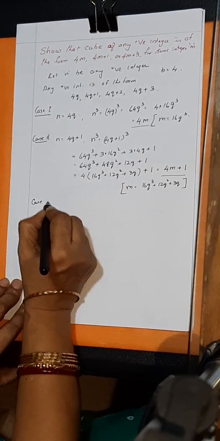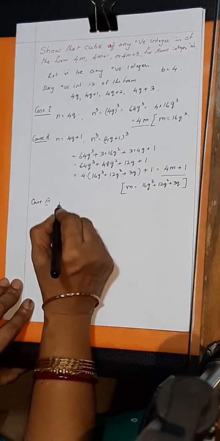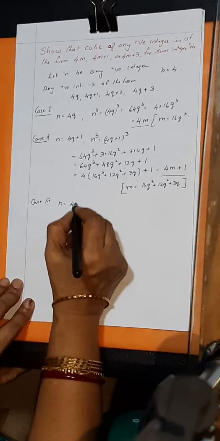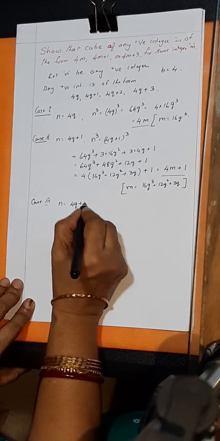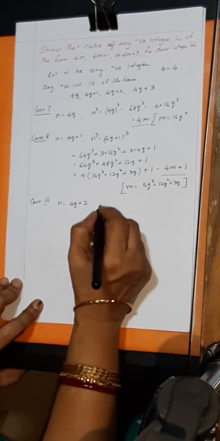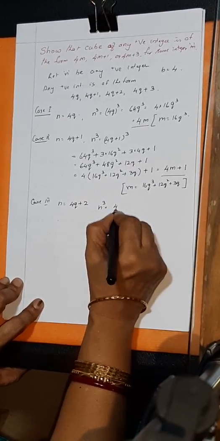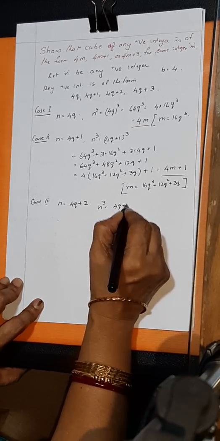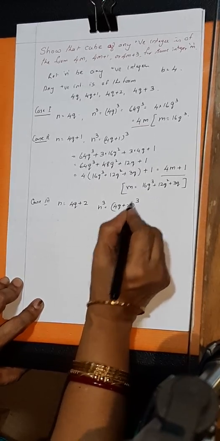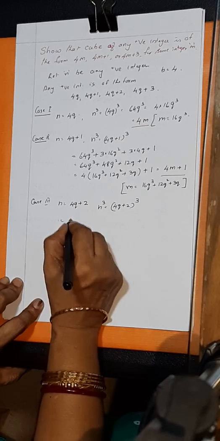Now case 3, when n is equal to 4q plus 2, n cube is equal to 4q plus 2 the whole cube.